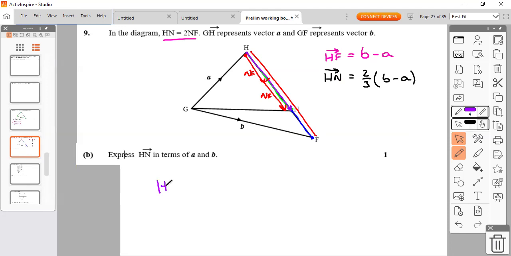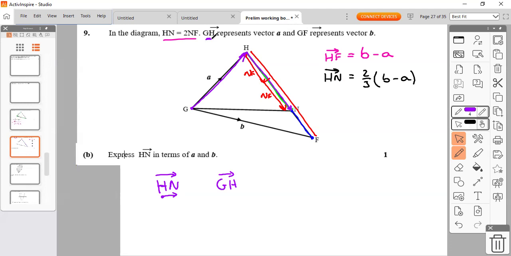If you're given H, N, and then an arrow pointing that way, that means you're starting at H and you're going to N. The arrow at the top there tells me that you're starting at G and you're going in that direction, up and to the right.